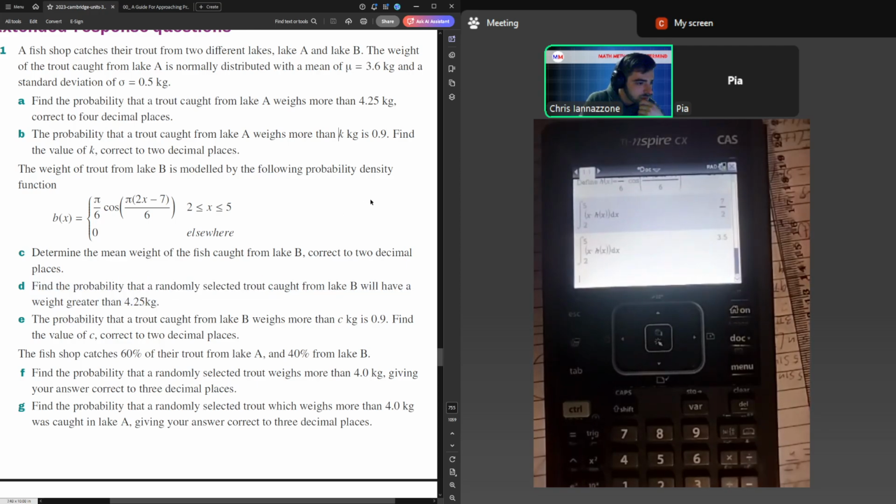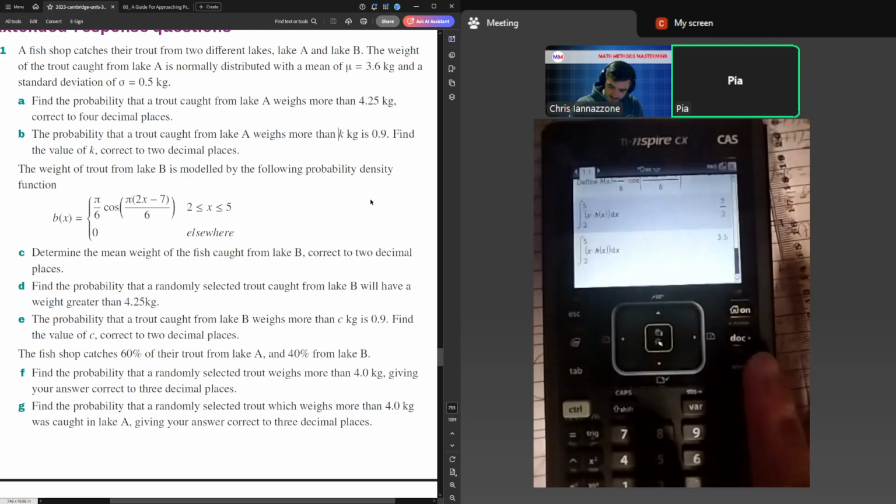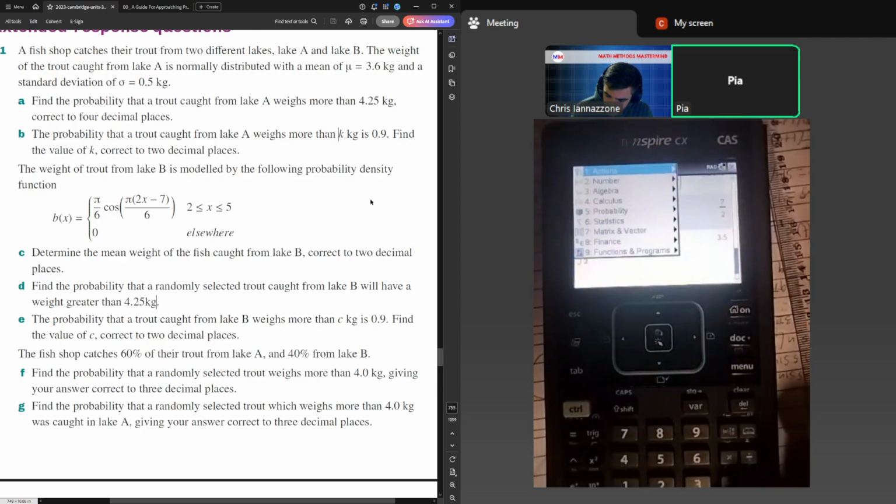Anyway, next up. Find the probability of a randomly selected trout weighing greater than 4.25. That's going to be part D there. How do we do a range of probabilities for continuous? Do we go in menu and then the probability?